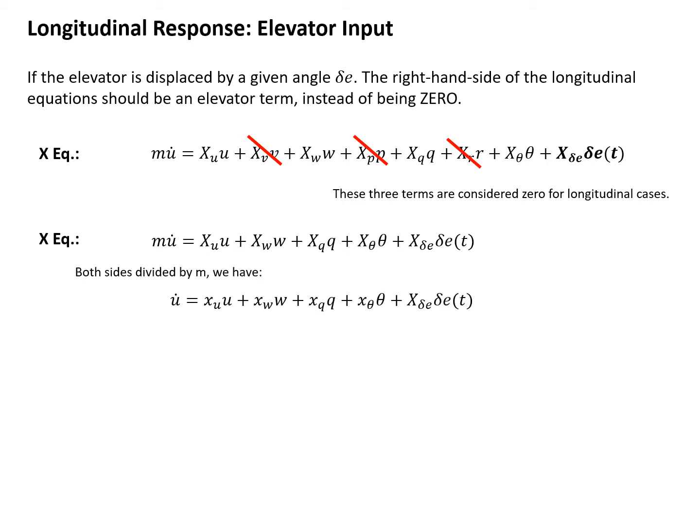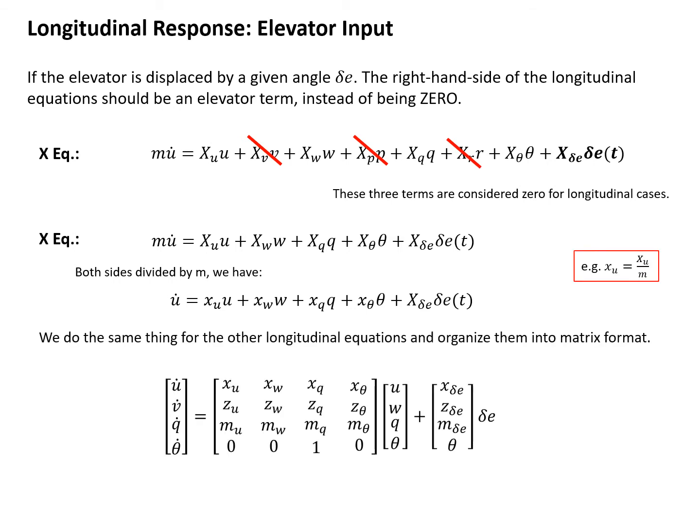Before we combine with other governing equations, let's do some further simplification. We want to eliminate m, so on both sides we divide by m, and then the aerodynamic derivative big X_u can be written as small x_u. That's the explanation.